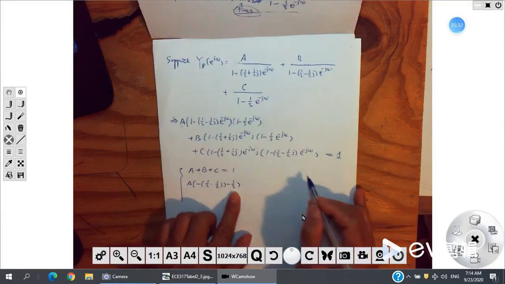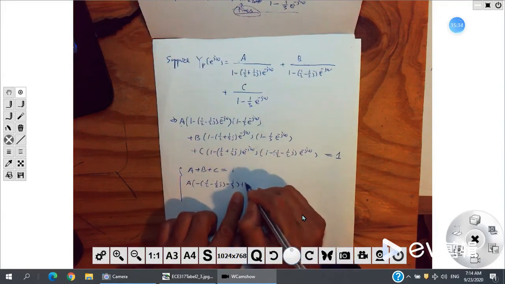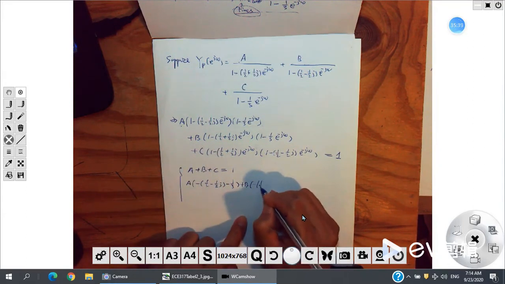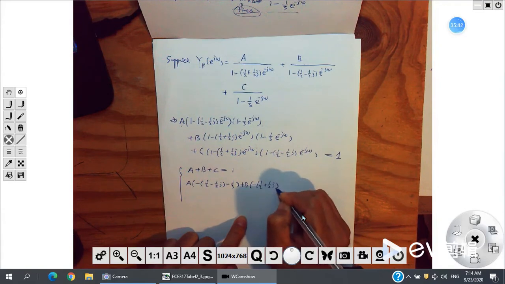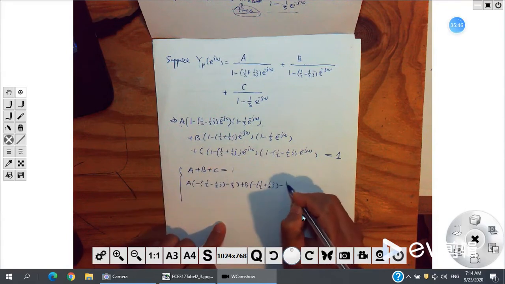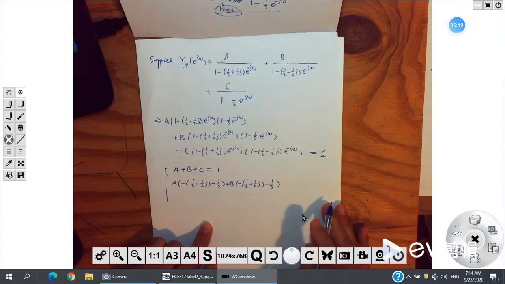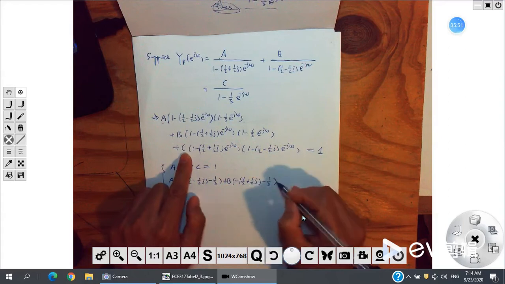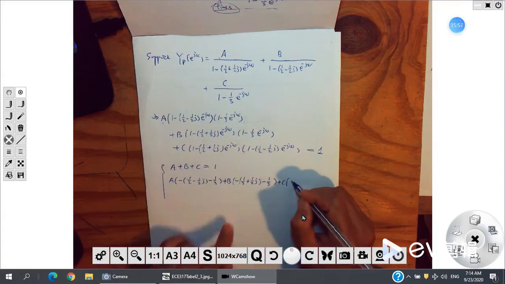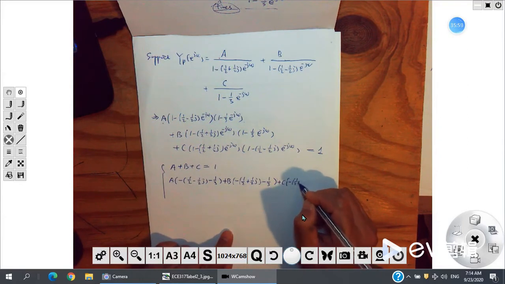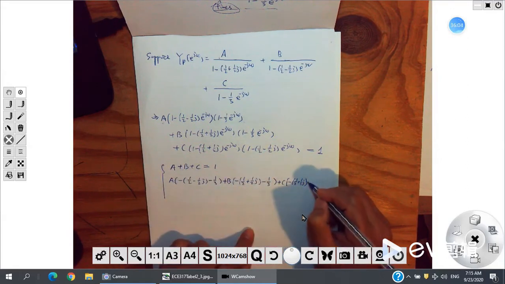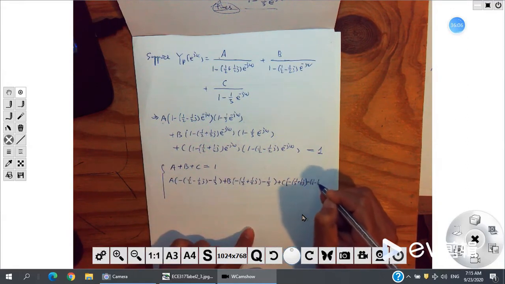And then for b, we have similar thing. That will be b times, okay, this one now is negative 1/2 plus 1/2 j. Right, this one times 1, I get this, and minus 1/3. Okay, and the c term similar, plus c term, this one times 1, I have negative 1/2 plus 1/2 j, and these two times together I have another negative 1/2 minus 1/2 j.